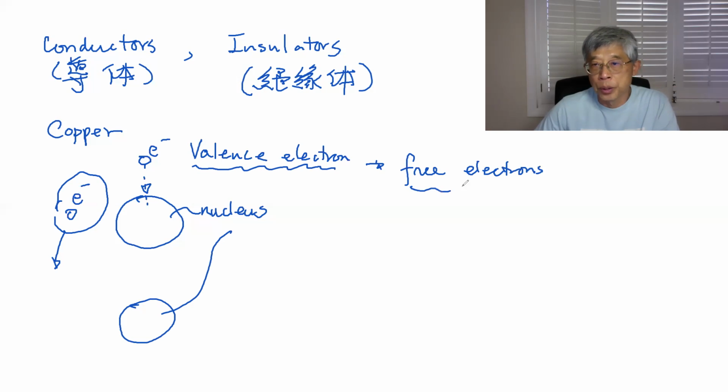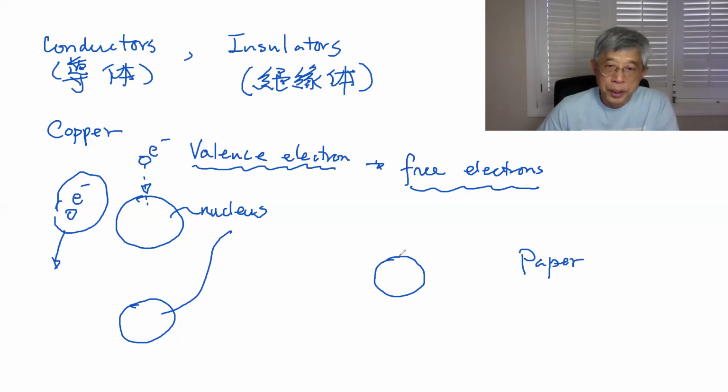So this free electron will be acting as a conducting medium, so that they can conduct electricity. Okay, so that's a conductor. For the insulator, let's say paper, right?